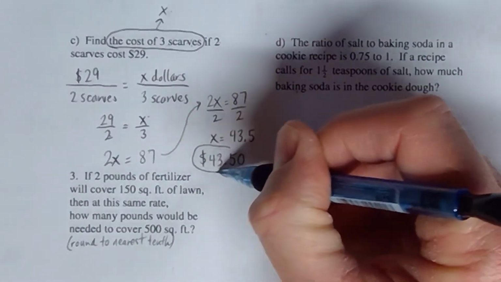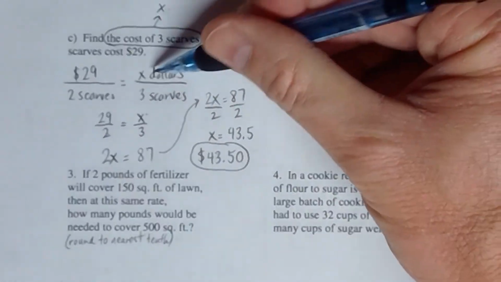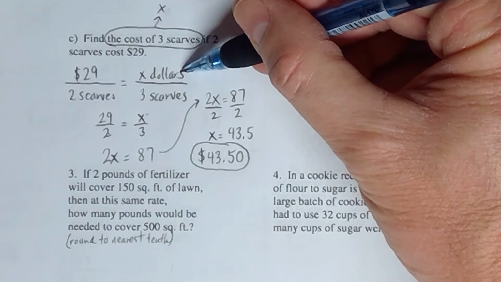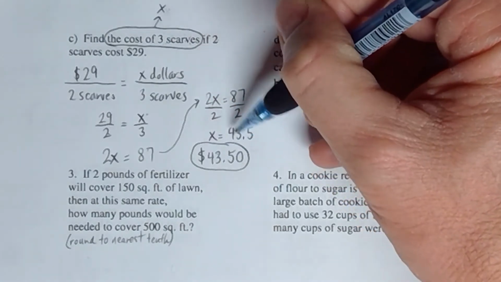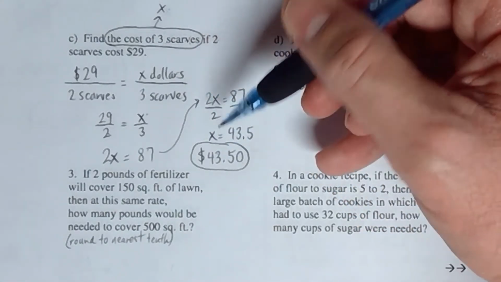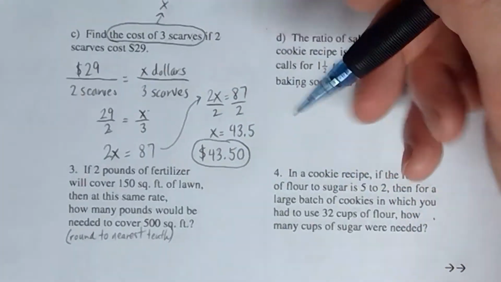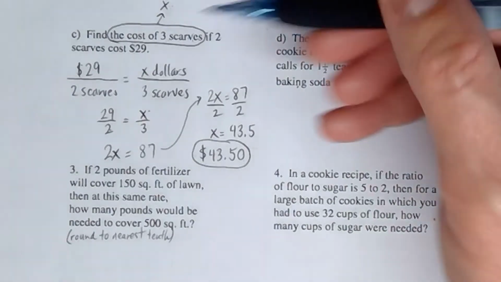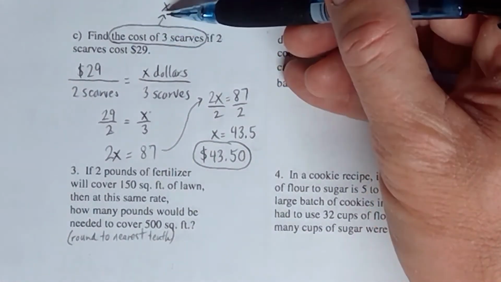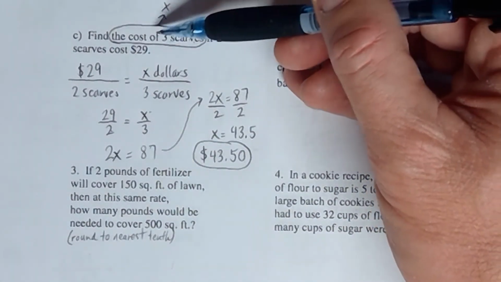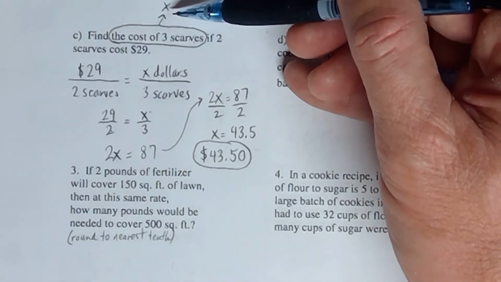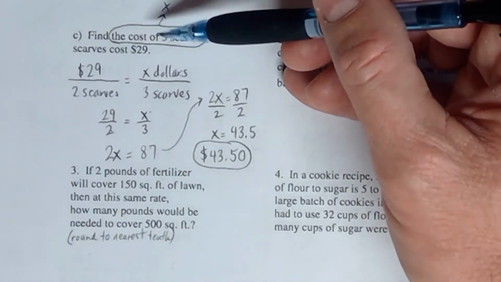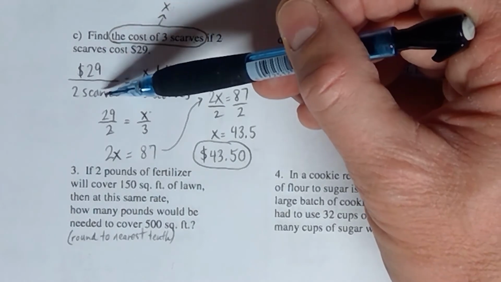Because it says up here in the problem that X is measured in dollars, therefore X must be something where you attach dollars to it in order to say what the unit of measurement is. Now you might be wondering, hey, wait a second. How do we know it's not cents instead of dollars? Here's how I know. Remember I said that the words have to be the same here.